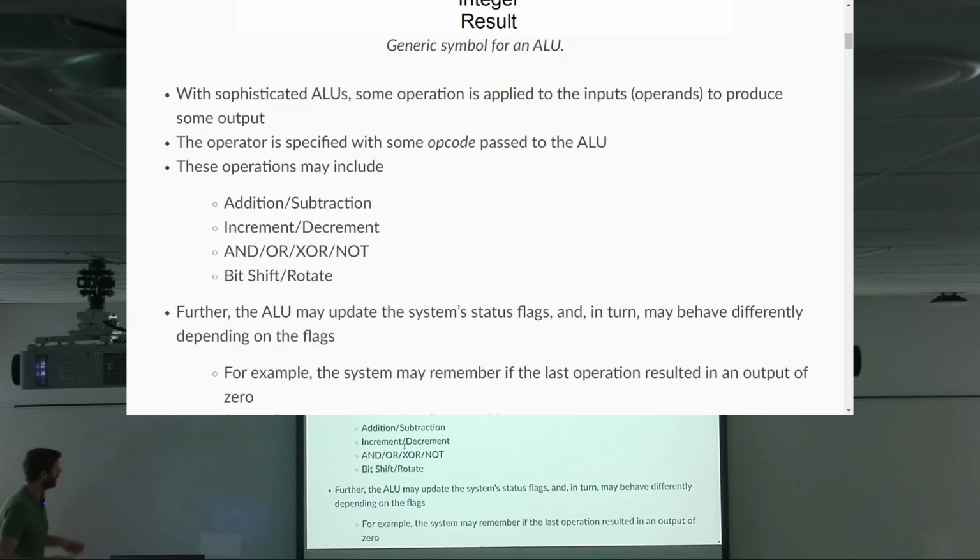Effectively, yeah. Bit shift is if I have 0, 1, 0, 1, and you bit shift 1 to the left, that becomes 1, 0, 1, 0, right? If I bit shift 2, that would become 0, 1, 0, 0. Okay?